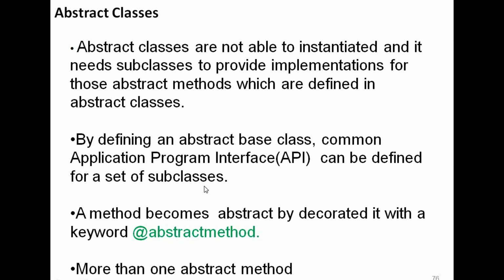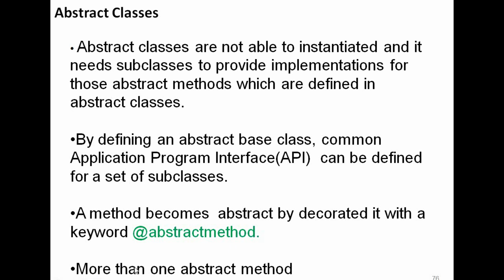How do you make a method an abstract method is we have to use a decorator, which is written like this, @abstractmethod. So if you write this decorator above the function name, then we say such method as abstract method.